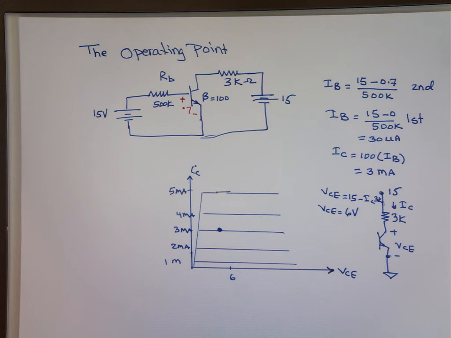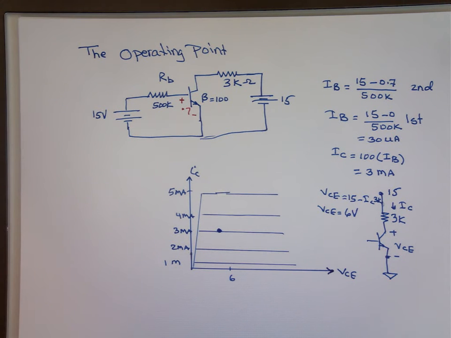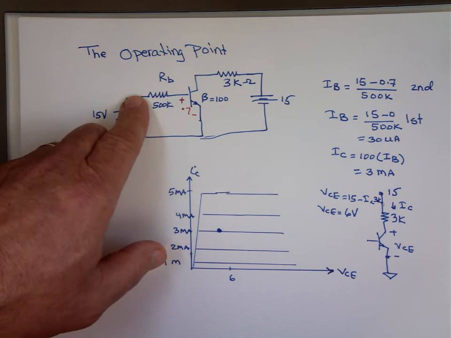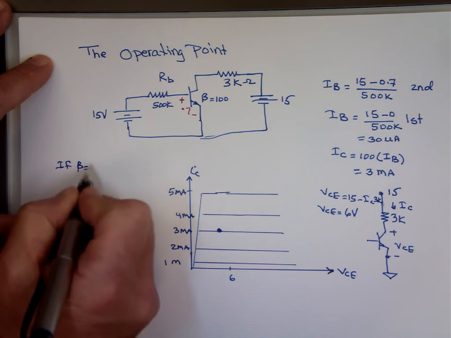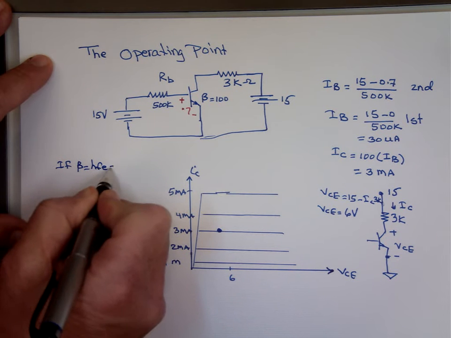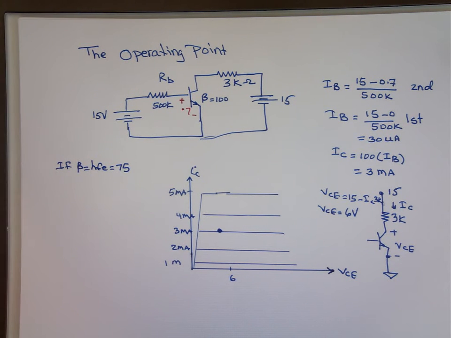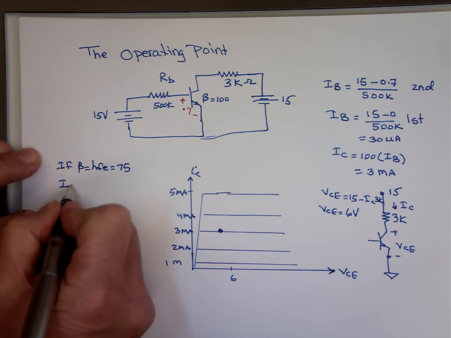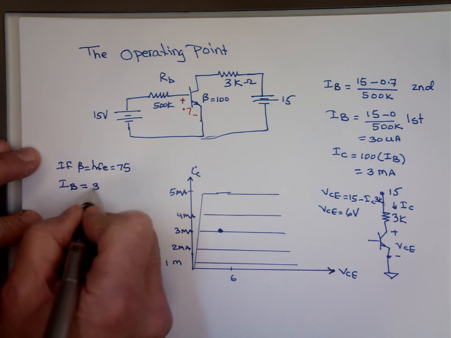Now, if we take another value for beta, let's change beta, for example. Let's assume this transistor has a beta of 75. Well, this doesn't change here. So if beta, which is, by the way, HFE, equals 75, I sub B is still the same, still 30 microamp.